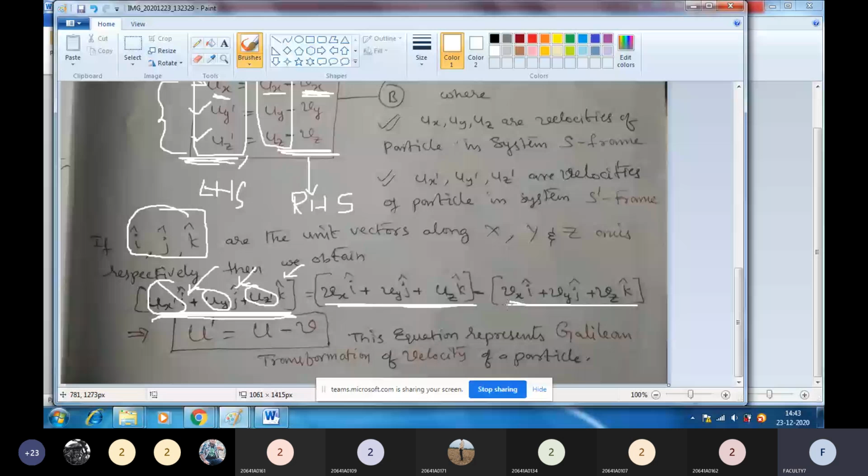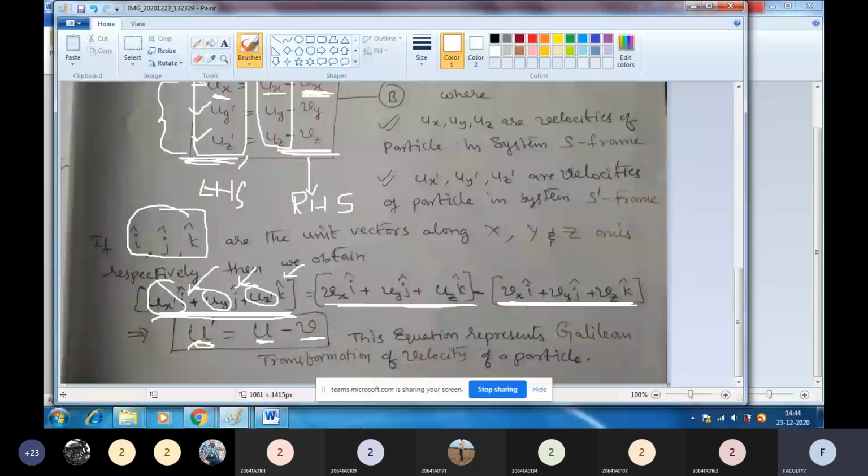Okay, the same thing that we got in this equation. So we are going to write this as capital U prime equals U minus V. Now what is this particular thing? This gives the velocity of the second frame with respect to the first frame.